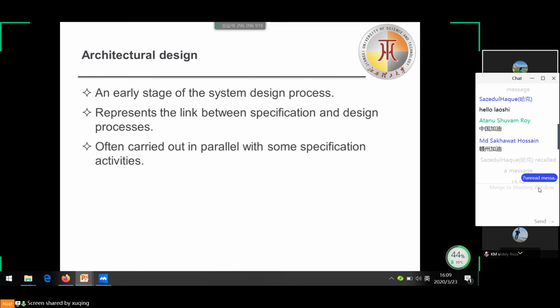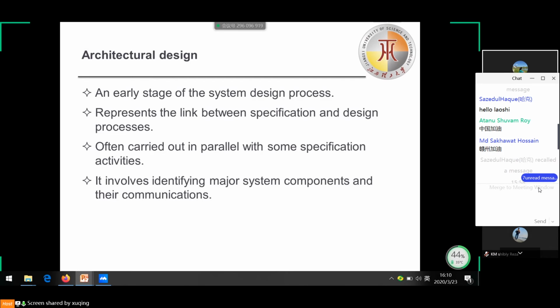Ideally, a system specification should not include any design information, but this is unrealistic except for very small systems. Architectural decomposition is usually necessary to structure and organize the specification. That's why we say it is often carried out in parallel with some specification activities.